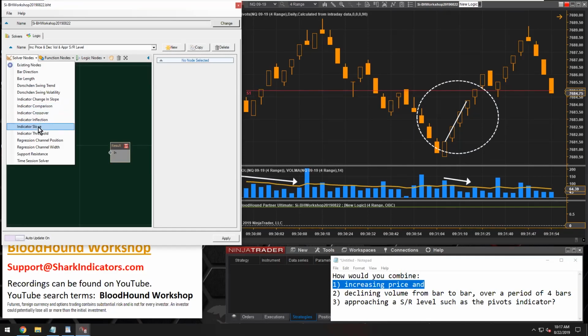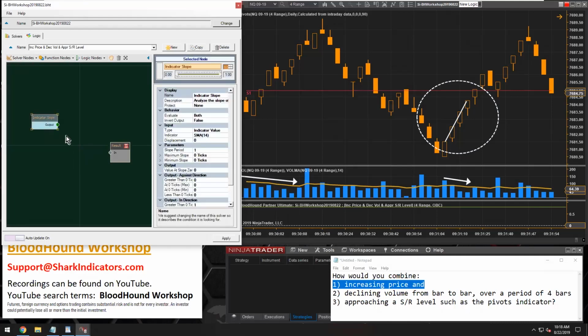We can use the slope solver for price as well. Yeah, I'll use the slope solver here. That way we don't have to have multiple solvers for determining increasing or decreasing price here.